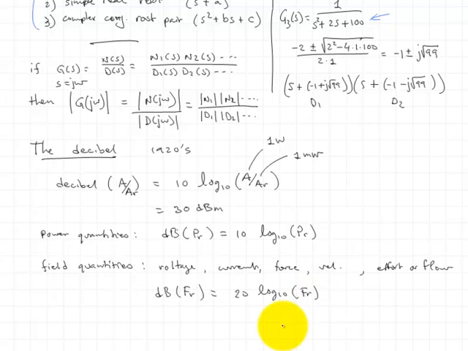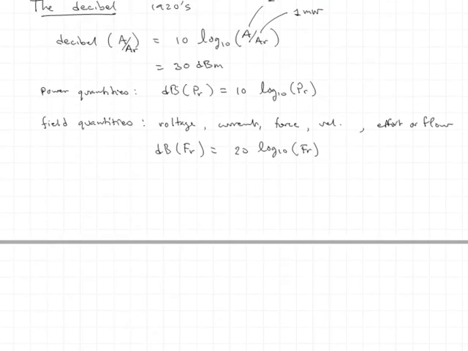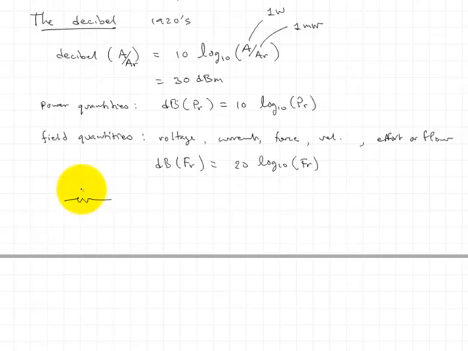And why is that? Well, let's consider a resistor, where we would have some voltage V_R across that resistor.